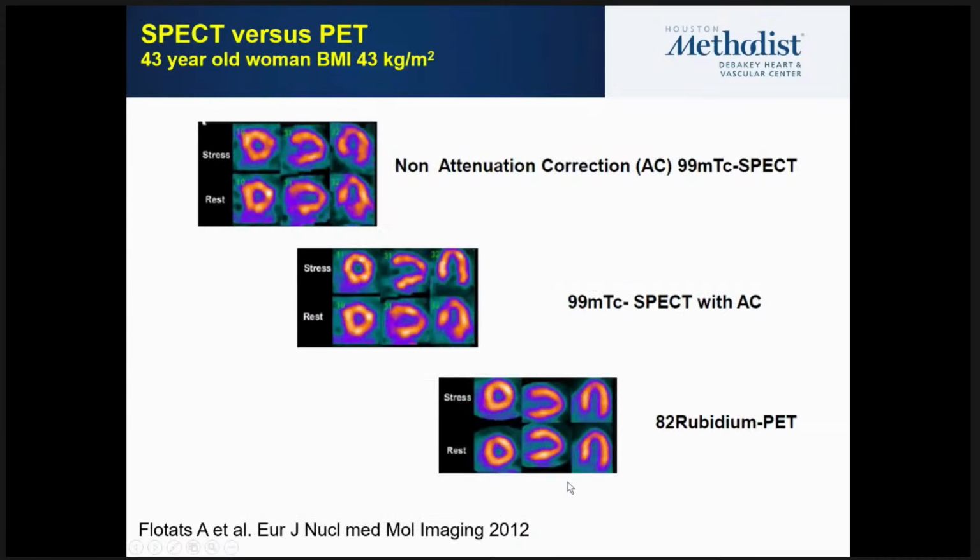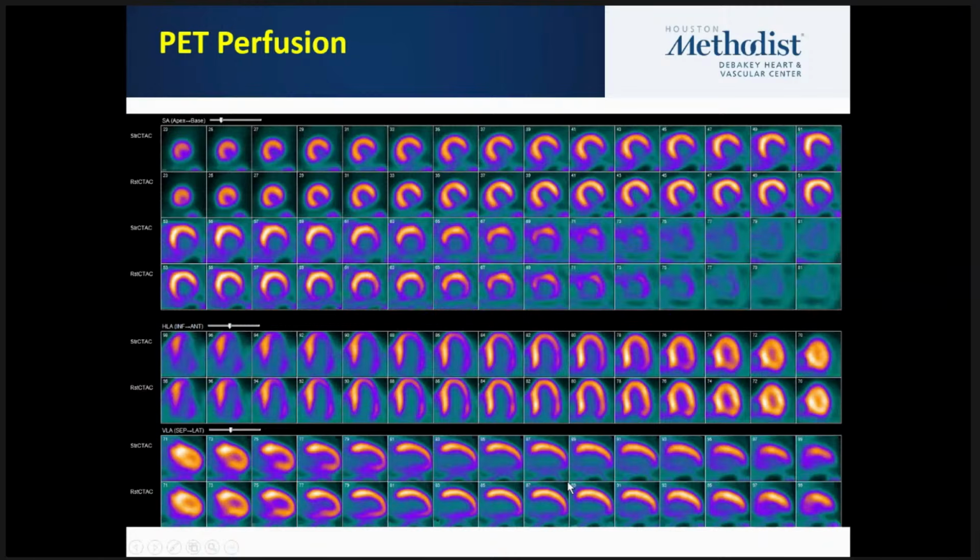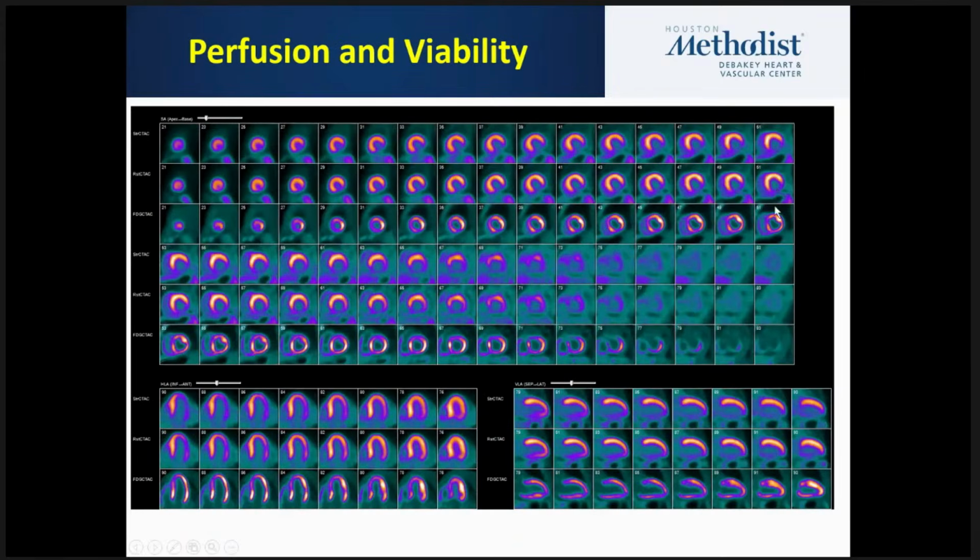But the beauty of PET is that you can also do a lot of viability imaging, and we will have later on a full hour dedicated to viability imaging in this series of lectures. And if you do viability imaging for this patient, you can clearly see that there is almost normal uptake in that area. So this is what we call perfusion metabolism mismatch.